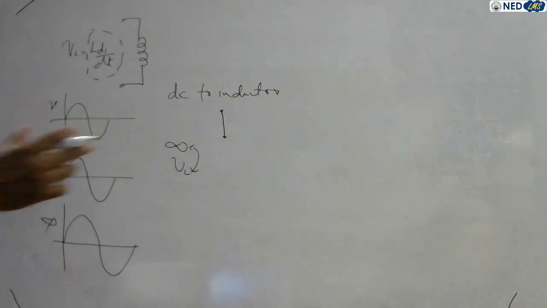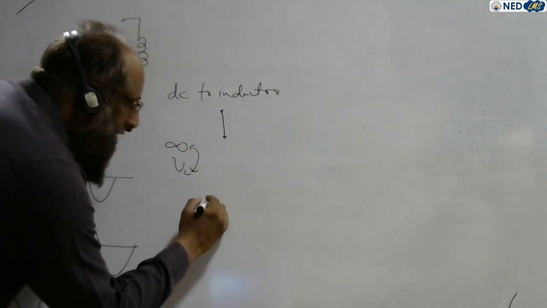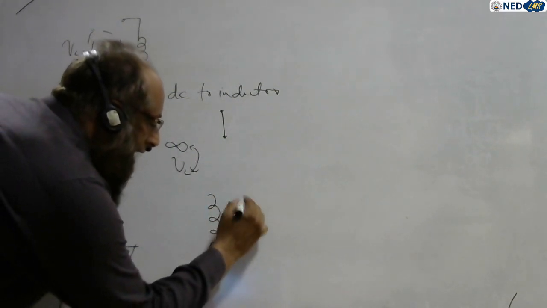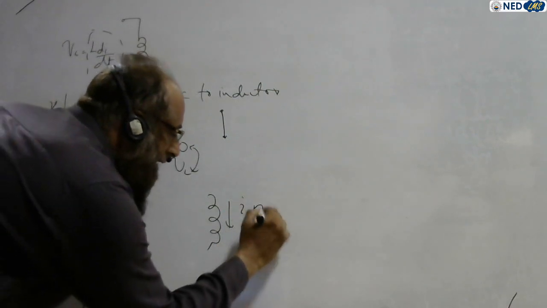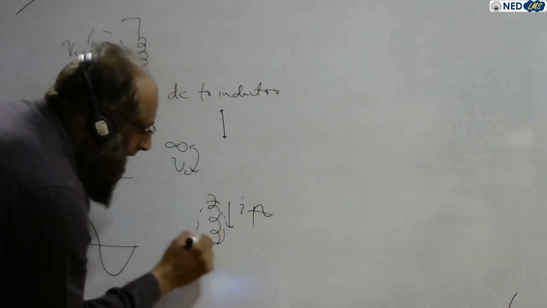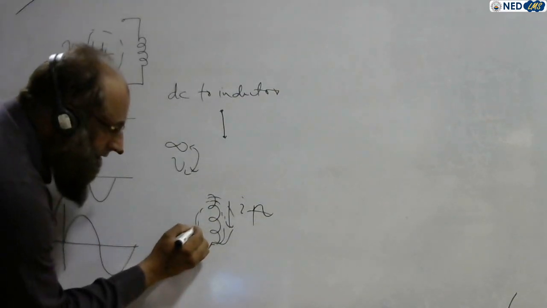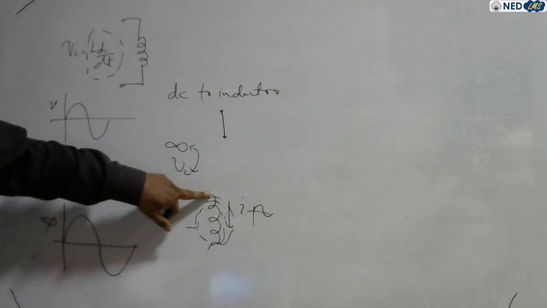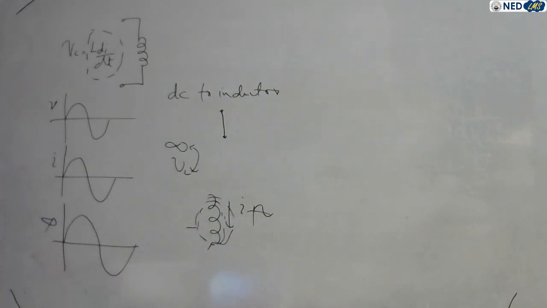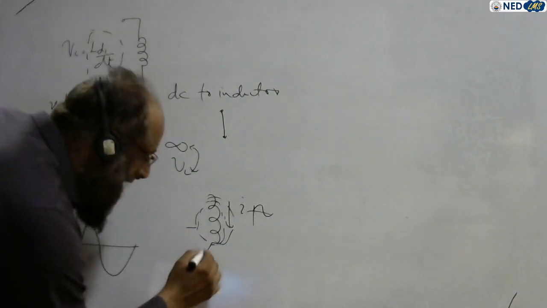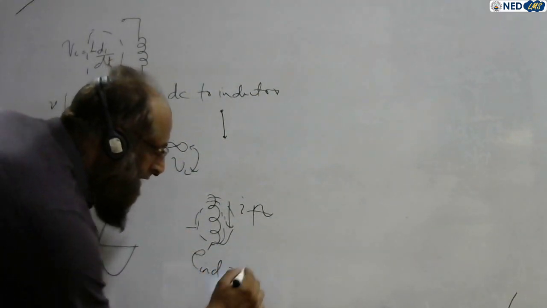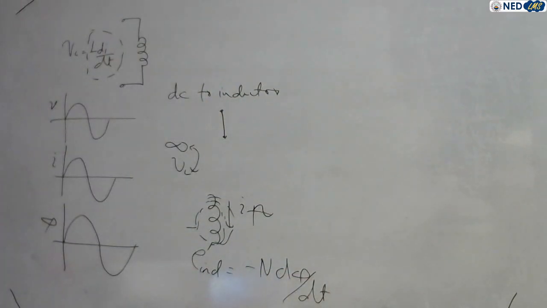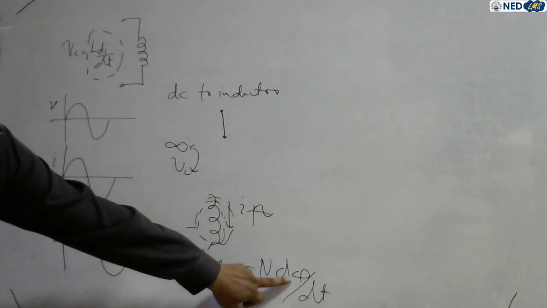Why does it oppose? Because this is the inductor, this is the current, and this is AC current. So flux is set up. This time varying flux links the coil itself and induces a voltage, which is minus N d phi by dt, the number of turns times the rate of change of flux with respect to time.